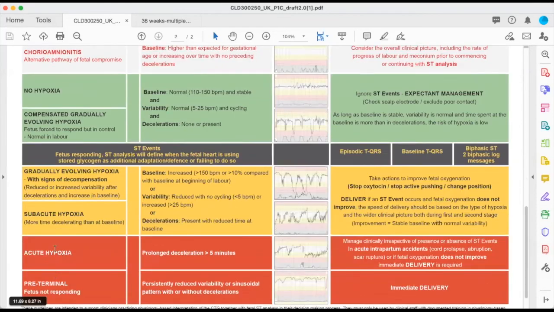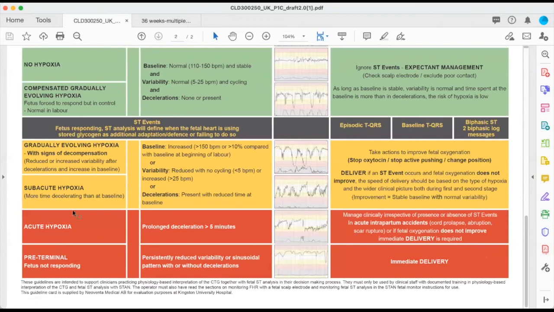Okay. So jumping towards the very end, if this baby is suddenly going through an acute episode of hypoxia or an acute event, then we're not going to wait for STAN to save us or tell us that something's wrong. If I can see that this baby is already going through an episode of prolonged or acute hypoxia, then I'm not going to wait for STAN to alarm or not.